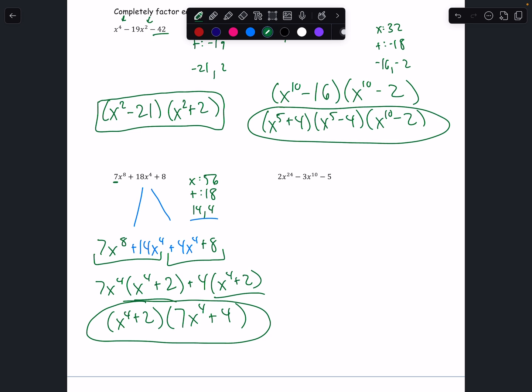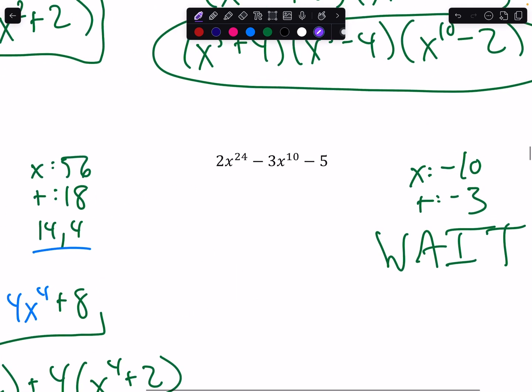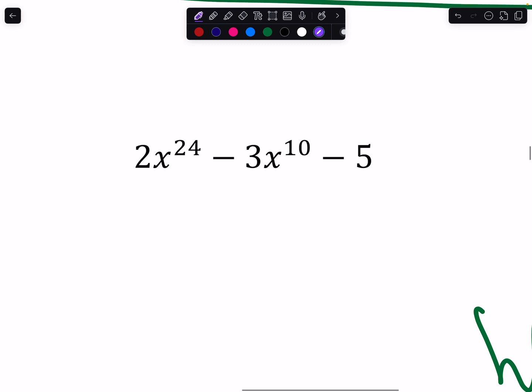And the last one. All right, two numbers that multiply to negative 10 and add to negative 3. Wait. Why don't I need to even do that? Look at those. We are adding or subtracting a constant, but our highest degree is 24.